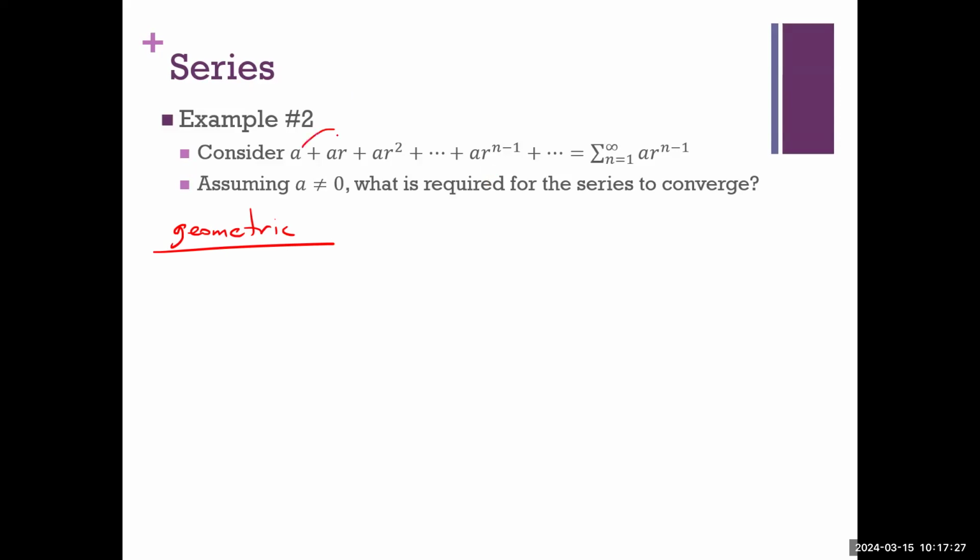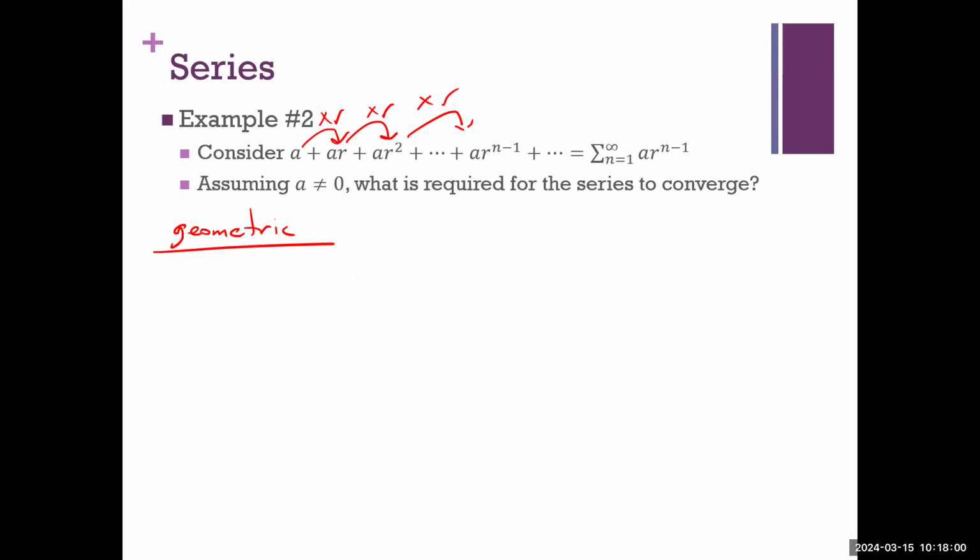How do I get from A to AR? What do I multiply by? R, right? How do I get from AR to AR squared? Times R. That's called the common ratio. Basically, if I can take some number and multiply it by any term in the sequence to get the next one, as long as that number doesn't change, that's what makes a geometric sequence a geometric sequence. The fact that I have that predictability, that same multiplied ratio from one term to the next throughout.